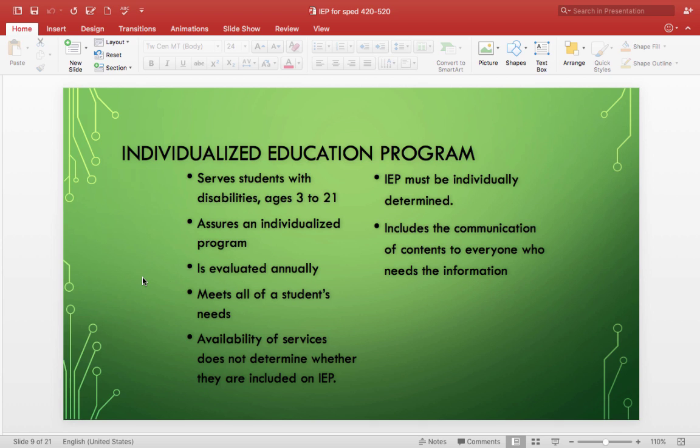We look at individualized programming. The IEP must be evaluated annually. The IFSP, or the Individual Family Service Plan, must be evaluated every 6 months. And we need to be able to meet all of their school-based needs in an IEP.